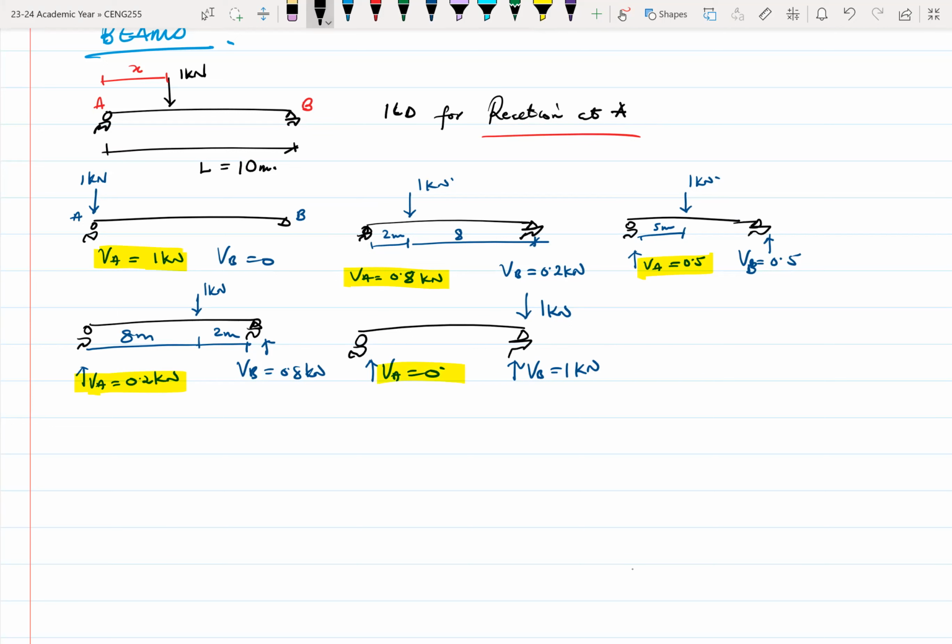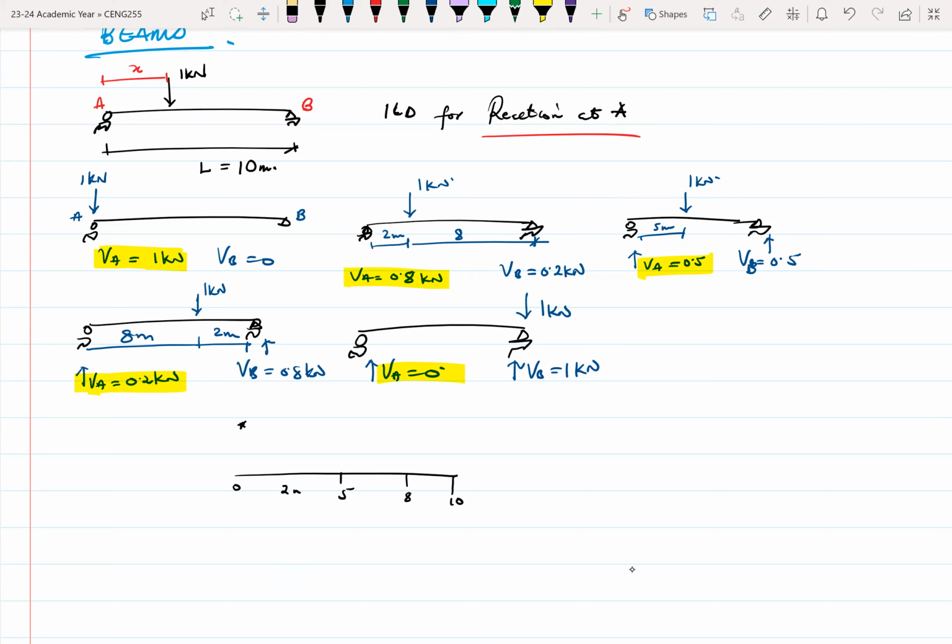So I can decide, okay, let me plot this whole thing. So I have 0, I have 2 meters, I have 5, I have 8 meters, and I have 10 meters. When the load is at 0 meters, VA is 1 kilonewton.